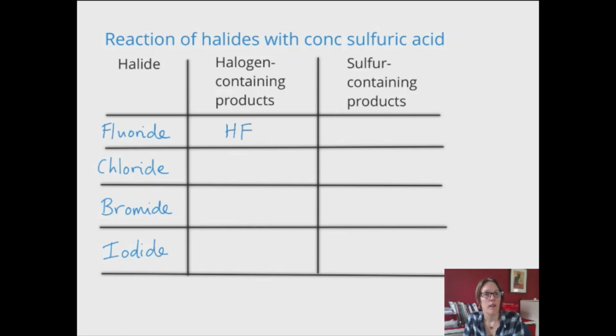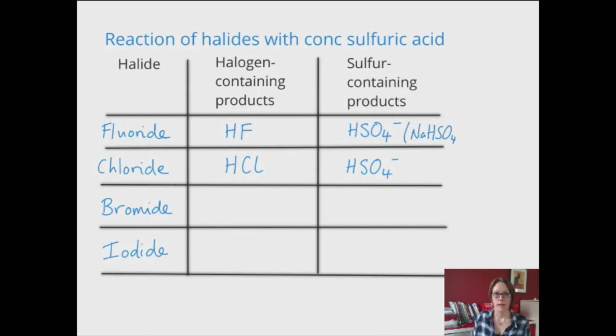So, halogen containing products: if you are adding concentrated sulfuric acid to solid sodium halides, for example sodium fluoride and sodium chloride, then you will get hydrogen fluoride and hydrogen chloride respectively, and the sulfur containing product will be the HSO4- ion, the hydrogen sulfate ion.